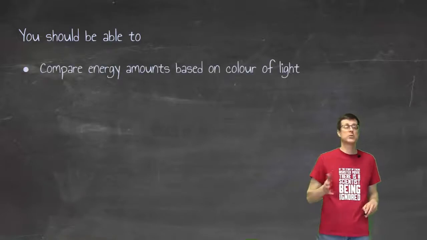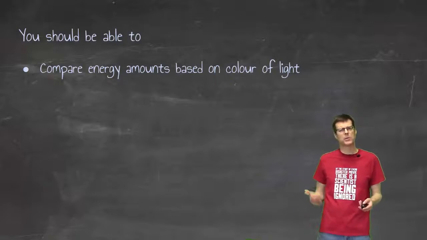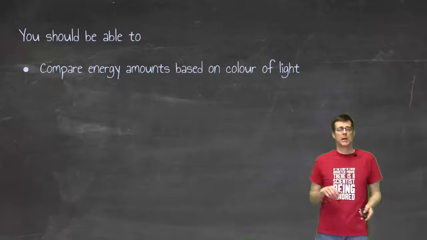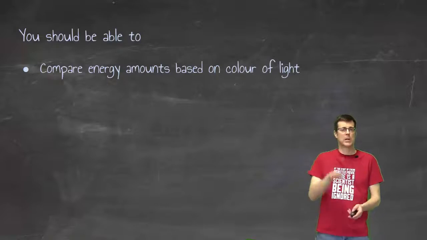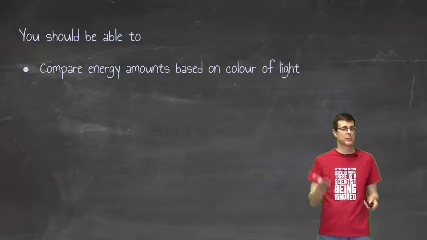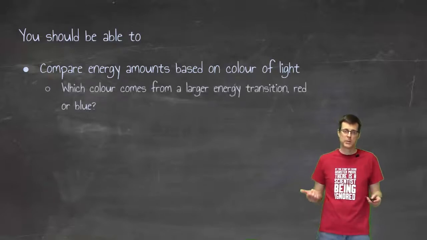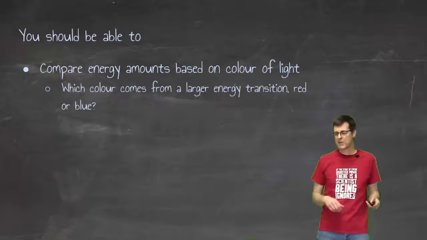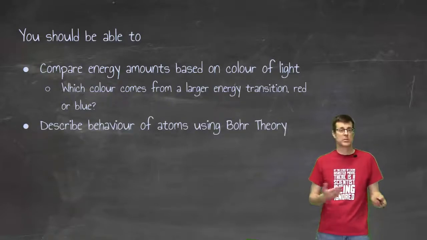Okay, you should be able to compare amounts of energy based on the colors of light. Kind of what we did before, where if this red light versus this green light, which one has more energy and which one would represent a larger energy transition if it was produced by a falling electron. You should also be able to describe the behavior of atoms using Bohr theory.